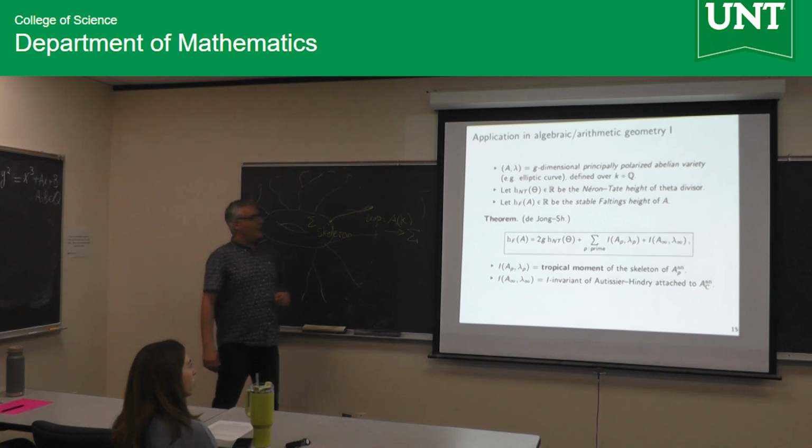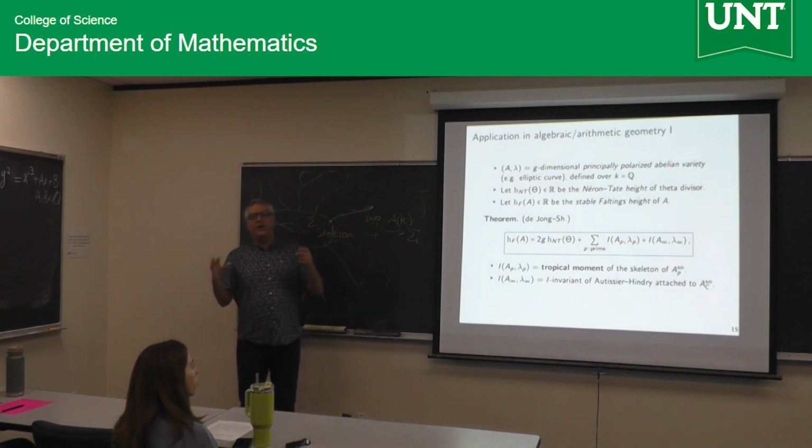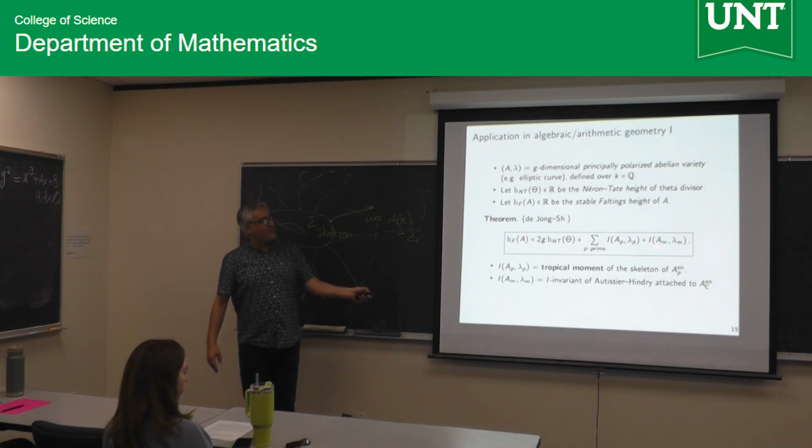And a while ago with Robin, we proved that these 2 numbers, people were wondering how these complexities are related, and we essentially show that these are, up to some constants and stuff like that, essentially the same thing, except there will be these I invariants coming from different Berkovich spaces. So for any prime, you get a Berkovich space, and you can compute the I invariant of the skeleton of that Berkovich space.